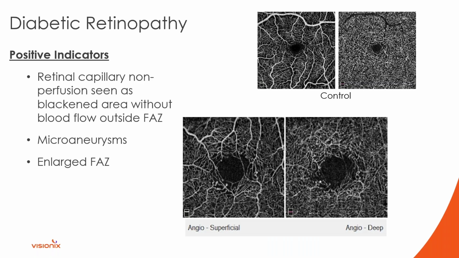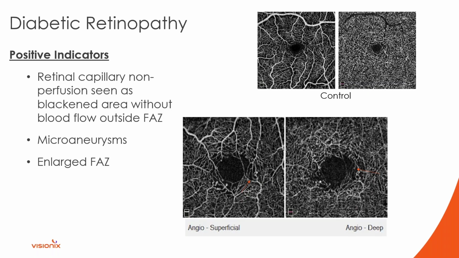So on the top of this slide, I have what I call the control. I always tell my students that if you don't know what normal looks like, you're never going to appreciate abnormal. So I put that up there so that you'll be able to compare the diabetic eye versus the control eye. Some common findings, and there are more, in diabetes include, number one, just retinal capillary non-perfusion.